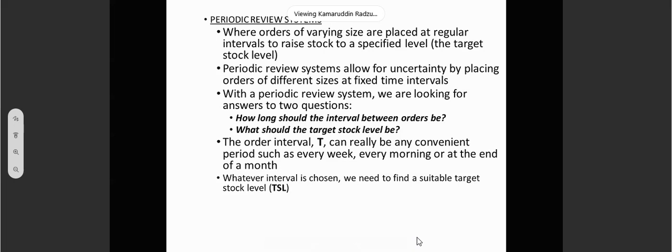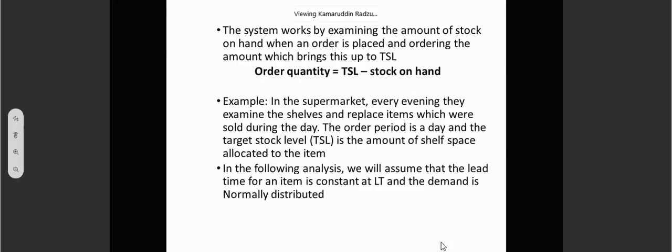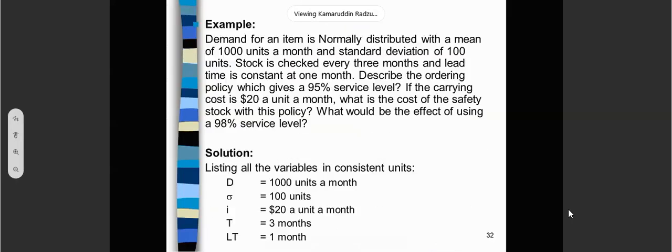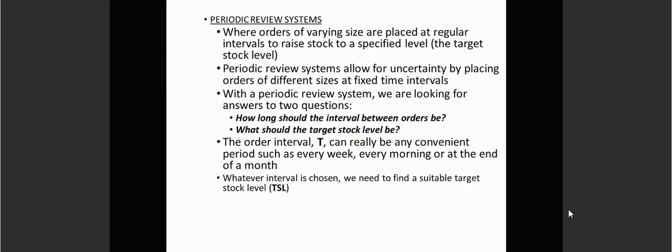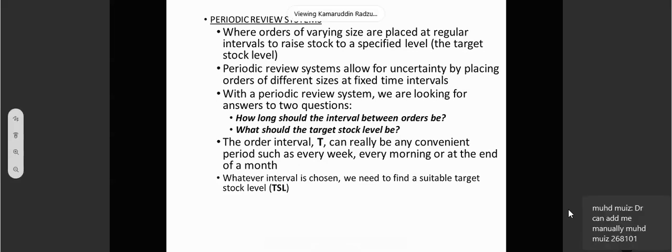Okay. Next week kita akan sambung periodic review system. Kita ada sikit lagi periodic review system ni. Tak sikit juga kan. Banyak slide juga kan. The periodic review system. Next week on Monday. And pada hari Isnin tu juga kita akan masuk topik yang baru. Apa next topik kita? Dependent demand inventory system.